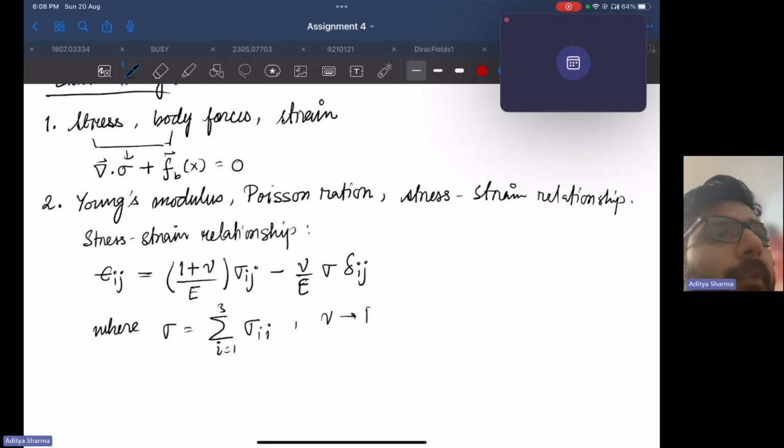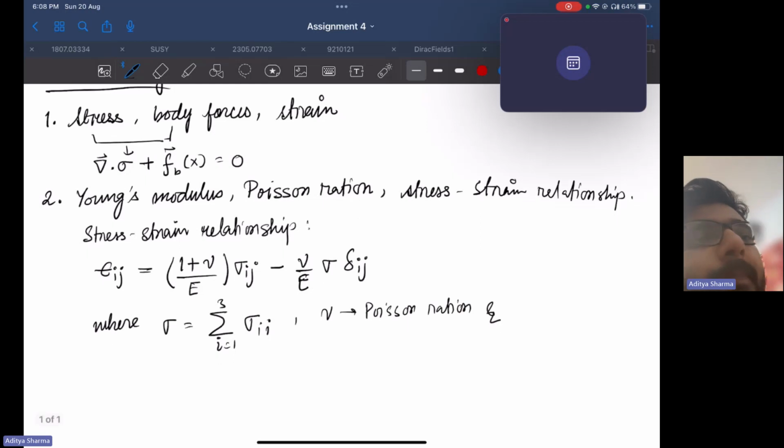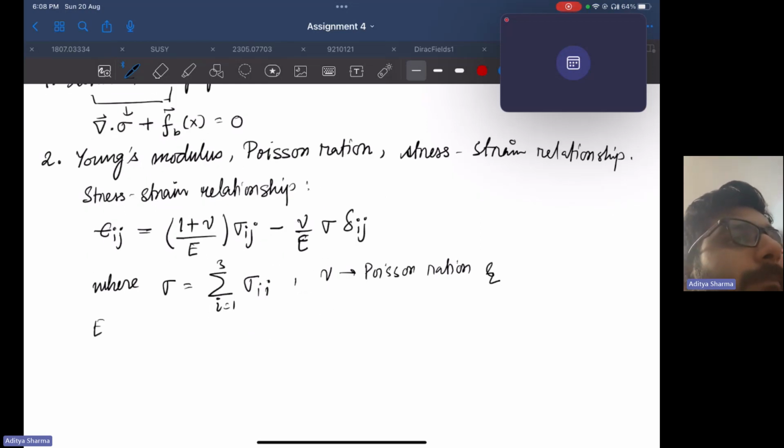Mu is the Poisson ratio, and E is Young's modulus.